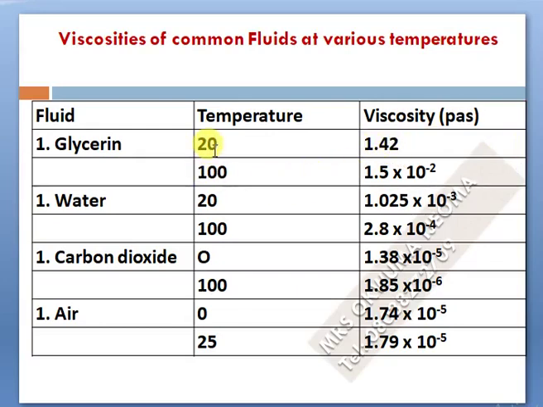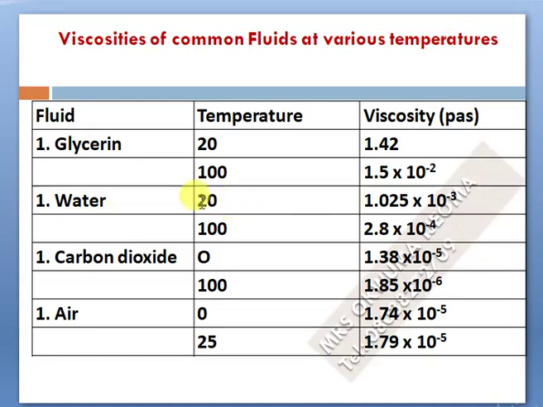When you increase the temperature of this glycerin to 100 degrees Celsius, let's look at the viscosity. 1.5 times 10 raised power minus 2, that is 0.015 Pascal seconds. What happened? The viscosity does what? Decreases. The same thing for another liquid, water.